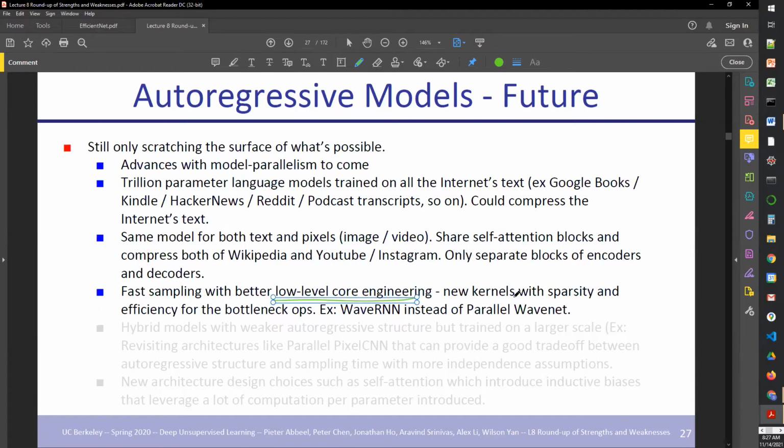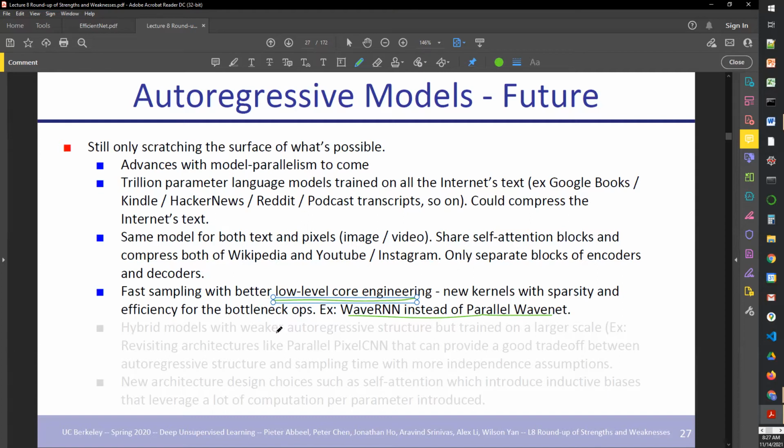There's a lot of math, I guess, associated with that still needs to be worked out, which means new kernels with sparsity, efficiency. I haven't spent a lot of time digging into this, but he talks about WaveRNN versus Parallel WaveNet models, which try to address the need for fast sampling with autoregressive models.